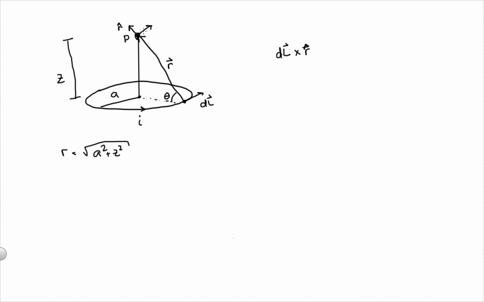Now, if it's perpendicular to r hat, I know that this angle has to be a right angle. Let's extend our z-axis a little bit here. All right, now we can do a little bit of geometry because this angle is also a right angle.